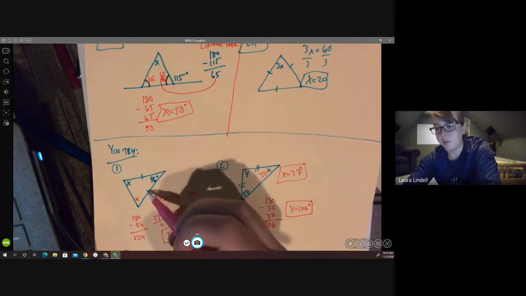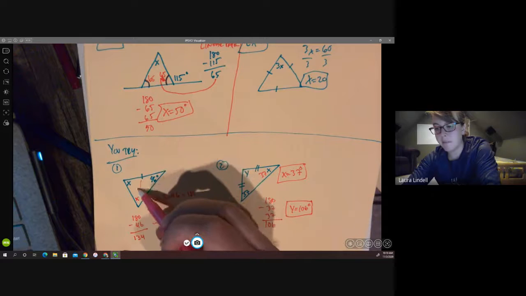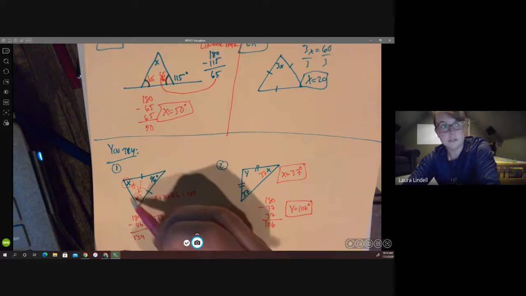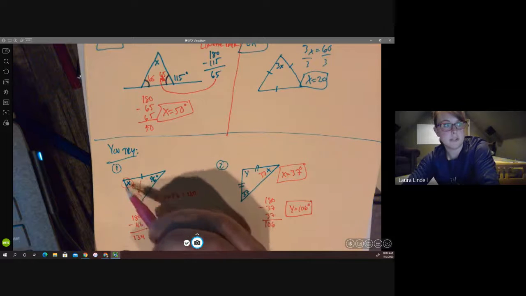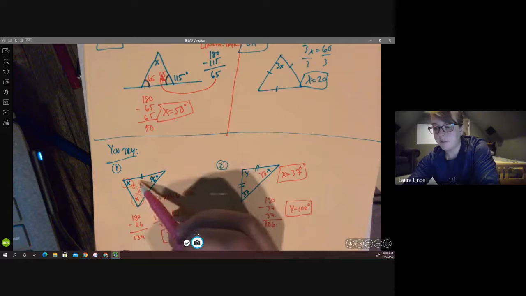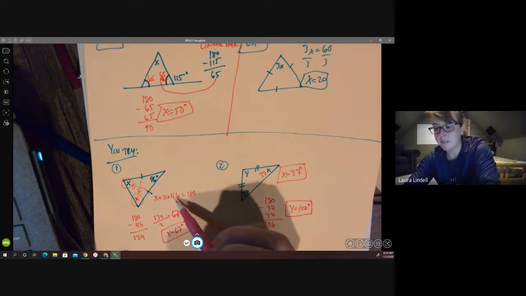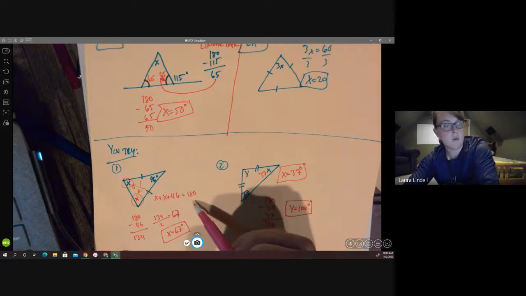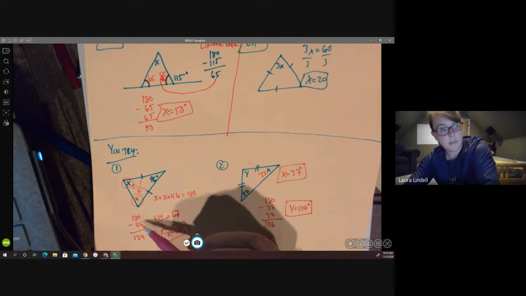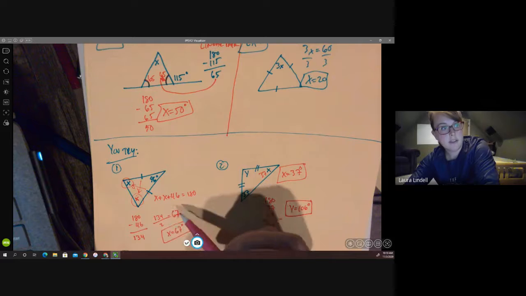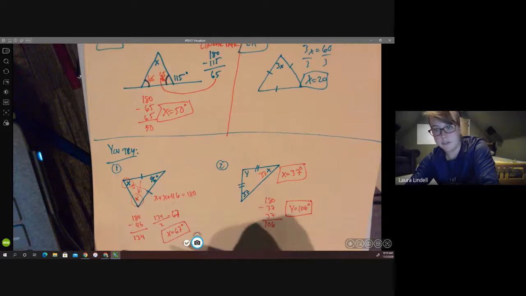So on this one, we had these 2 sides being the same, so the angles across from them are the same, the base angles, since these are the legs and this is the base. So if these 2 are the same, they're both x, and x plus 46 equals 180, or you could think of it as 180 minus 46, and then divide that by 2 to get your 2 angles here.